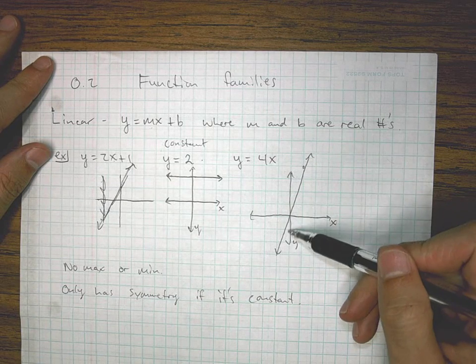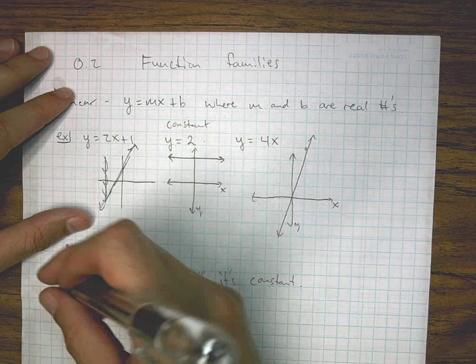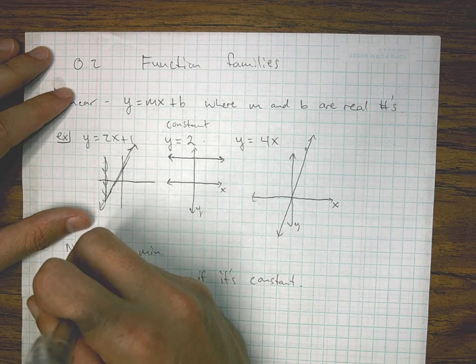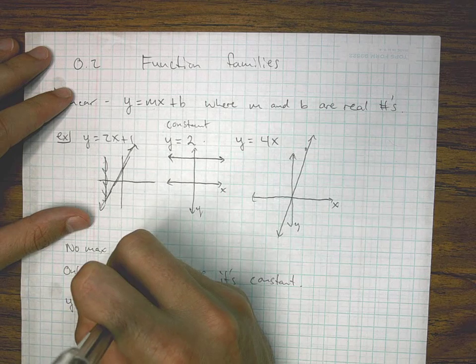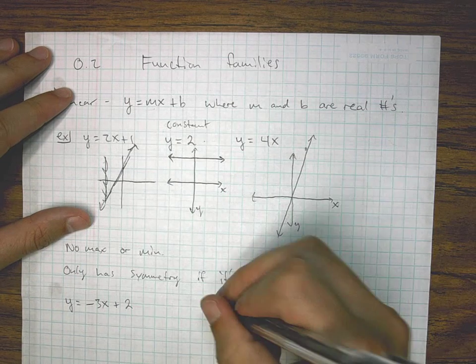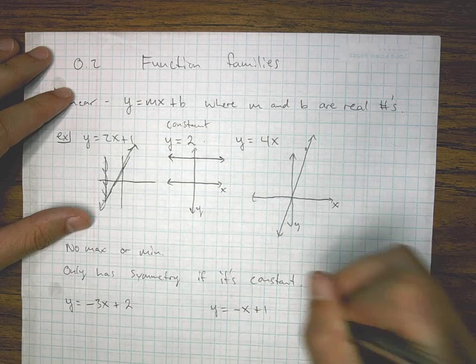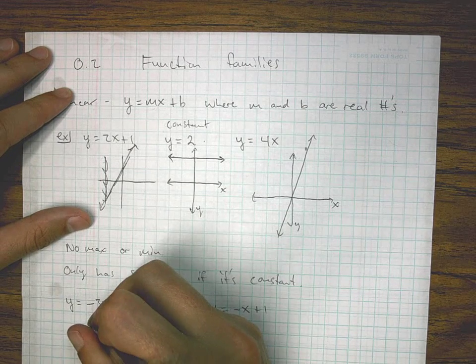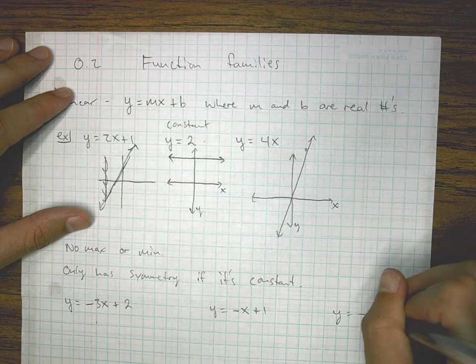This is also an increasing function. So a graph is a decreasing function if you have y equals negative 3x plus 2. Or y equals negative x plus 1. Or y equals negative x minus 2.